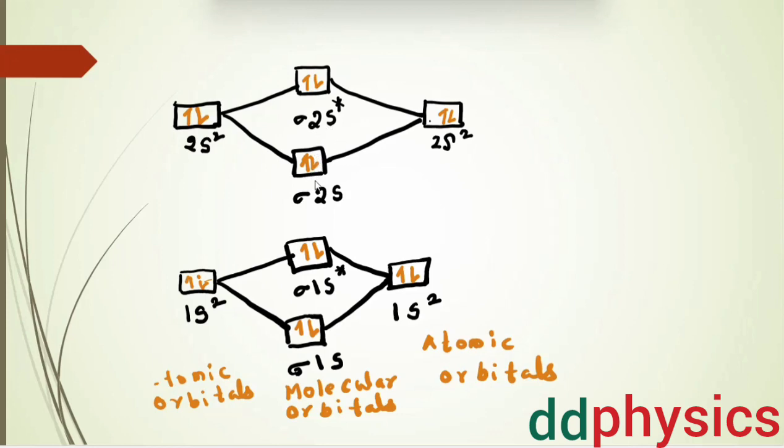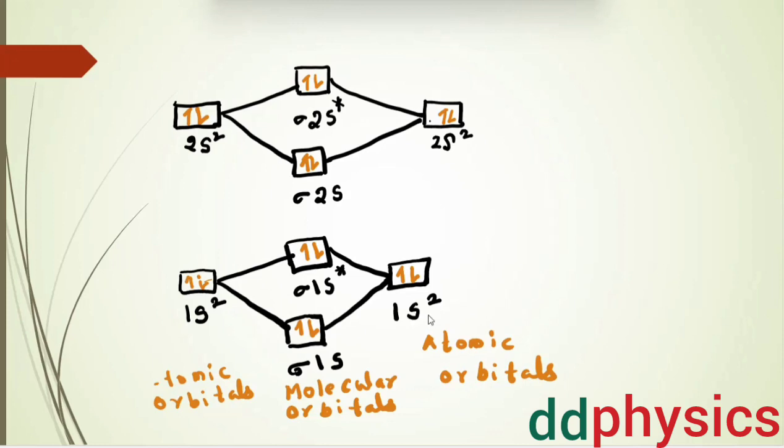This sigma 2s orbital is also called the bonding orbital, and sigma 2s star the anti-bonding orbital. The electrons present in the bonding orbital are called bonding electrons, and the others non-bonding electrons. So here 4 electrons in the atomic orbitals, total 4 electrons, so 4 electrons are distributed in the molecular orbitals also.